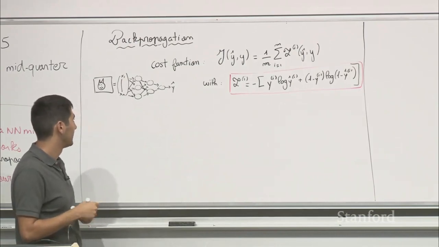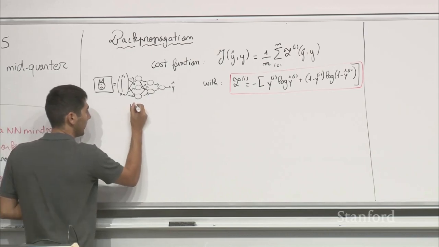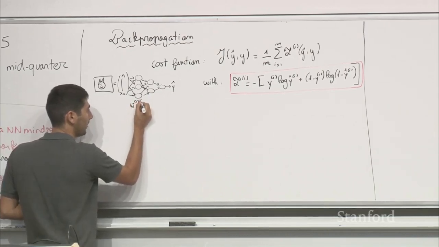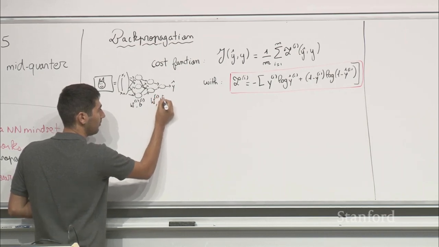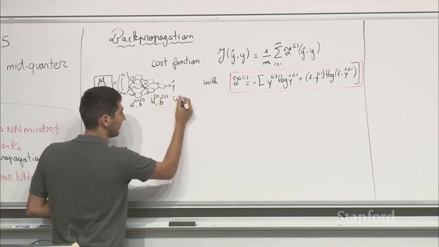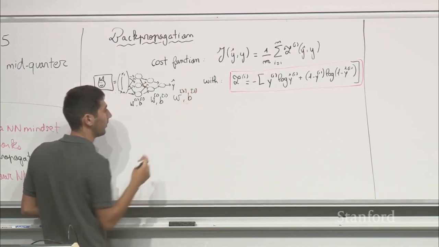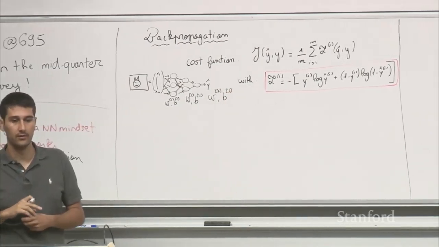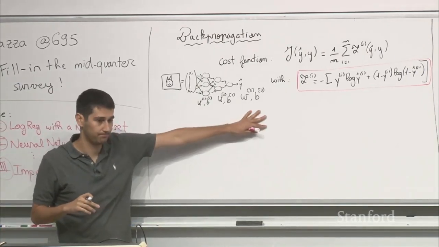And what we said is that this network has many parameters. The first layer has W1, b1. The second layer has W2, b2. And the third layer has W3, b3, where the square bracket denotes the layer. And we have to train all these parameters.